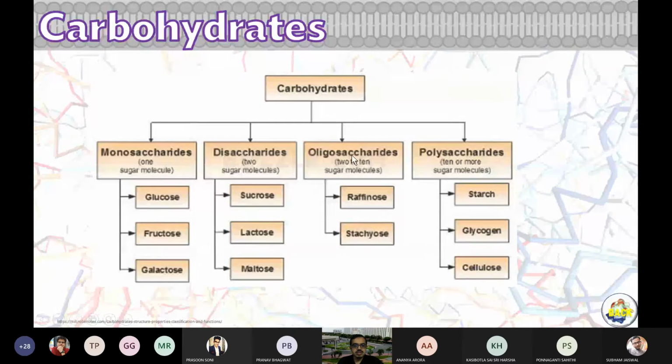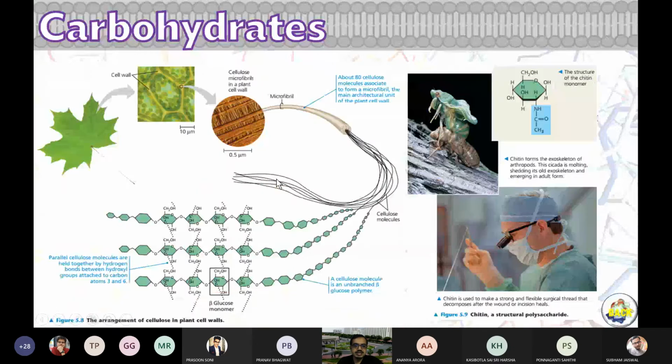So we just understood the basic differences of carbohydrates. Now we try to understand the polysaccharides. We just discussed that polysaccharides are there, and we saw cotton. We use furniture. The basic structure of your plant systems, take its cell wall.